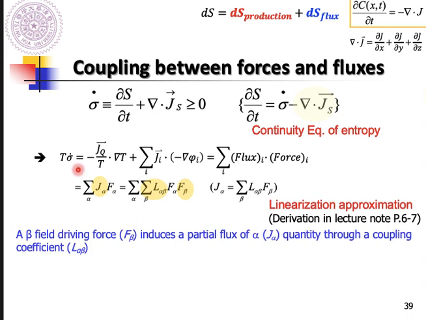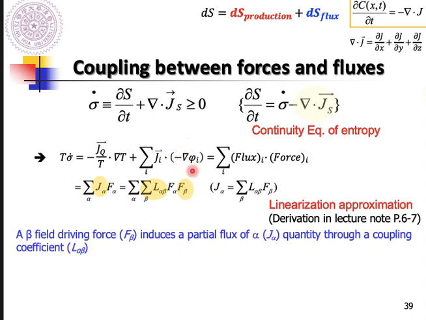Absolute temperature times the entropy production rate per volume equals what? This is the heat flux times the driving force that drives the heat flux, which is minus the temperature gradient divided by T, plus the summation over i of the flux J_i times the driving force term, which is the potential gradient, minus the potential gradient of i.